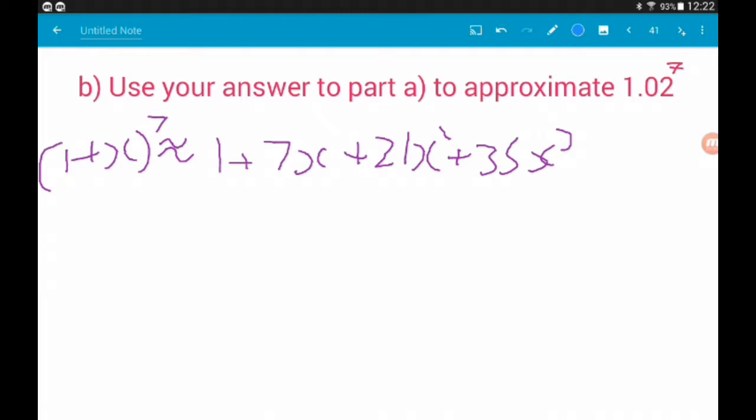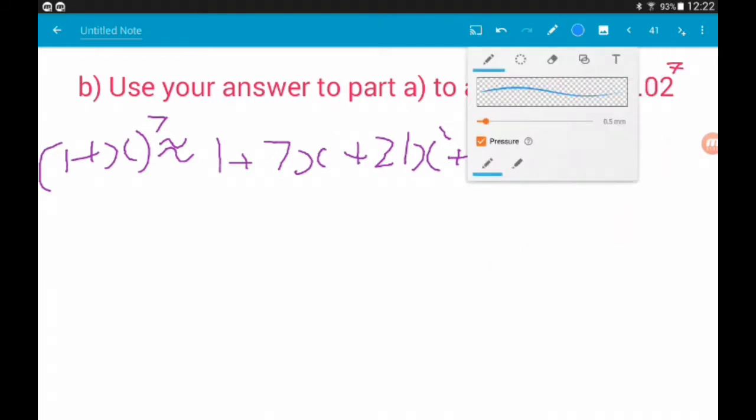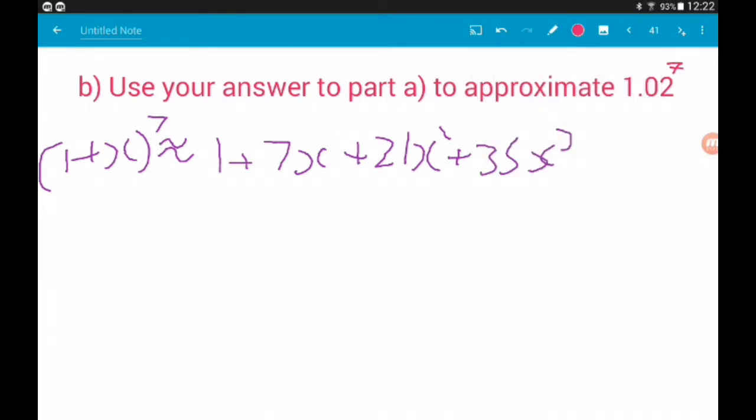So how does that help us here? Well, we want to approximate 1.02 to the power of 7. We know approximately what 1 plus x to the power of 7 is. So what we do now, we need to find what value of x to substitute into the approximation. So in other words, we want the stuff inside of the brackets.